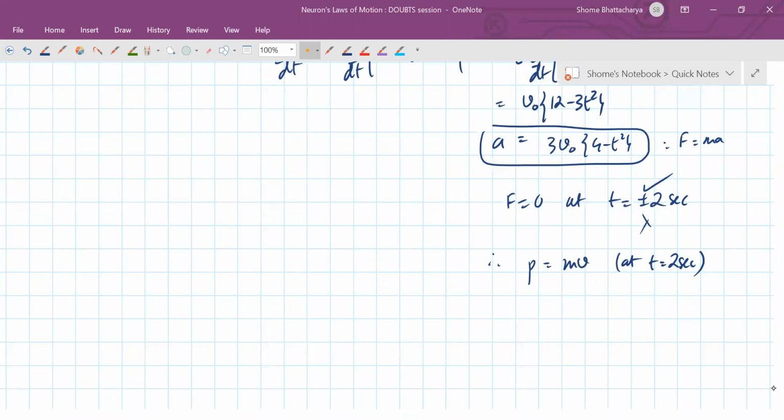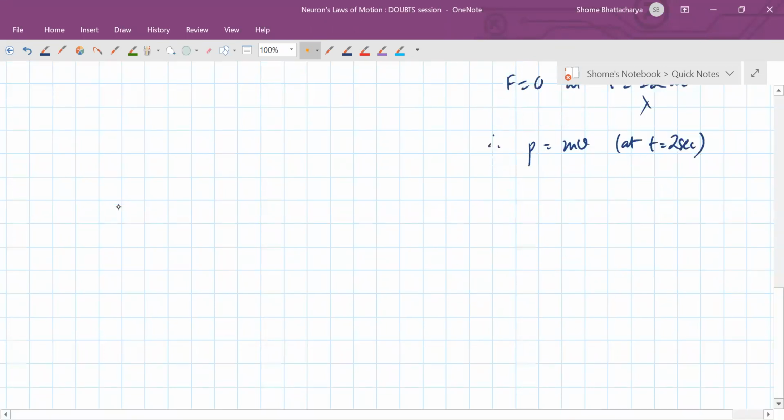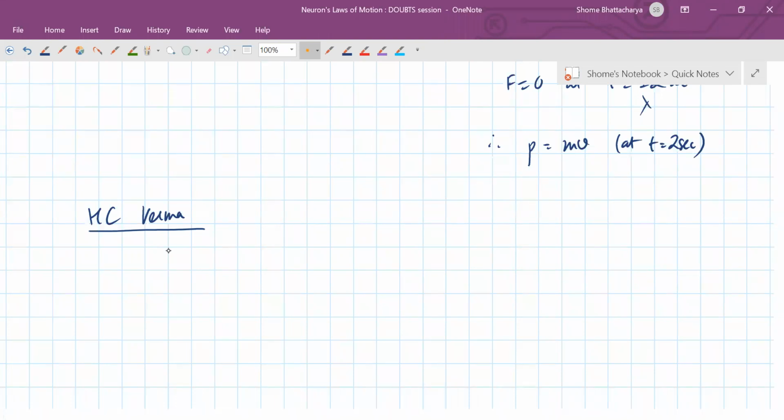Okay, so now let's come to HC Verma. From the Newton's laws chapter from HC Verma, we will start with question number 12 on page 79. Just go through it, I'll explain it.